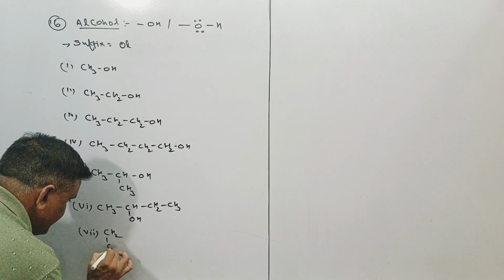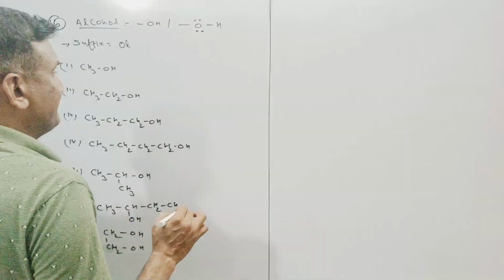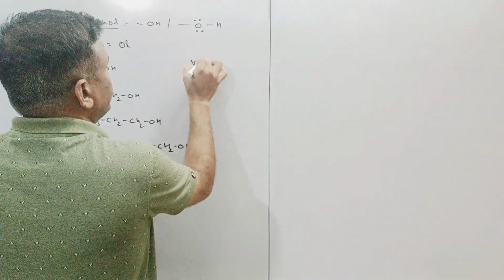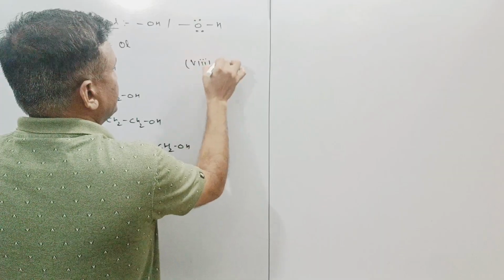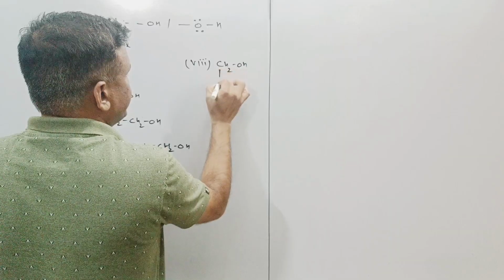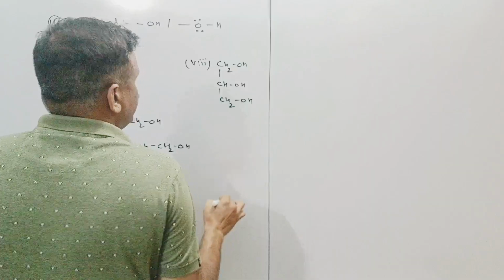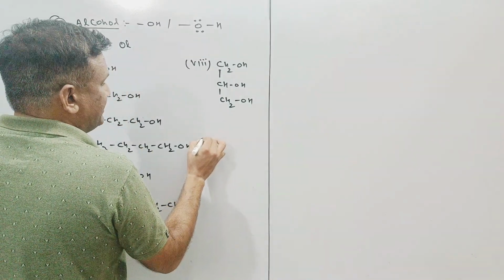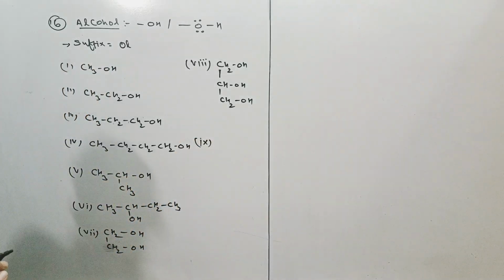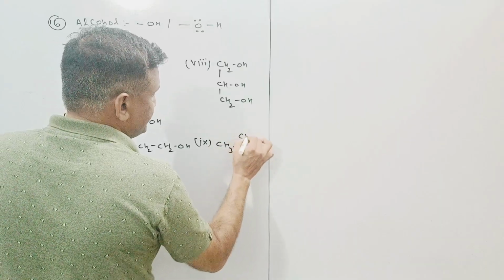This is CH2OH and OH, more than one, as follows. This is the 8th compound, a very important compound: CH2OH, CHOH, CH2OH. If I go with the next compound, we can take the 9th compound as a complex structure like this.